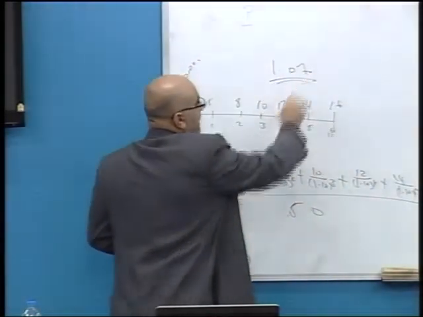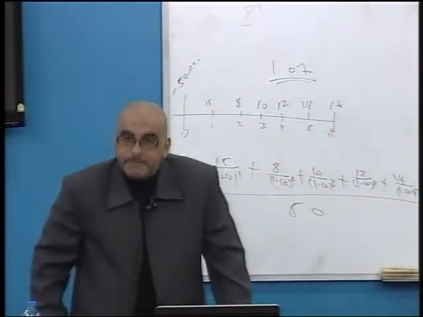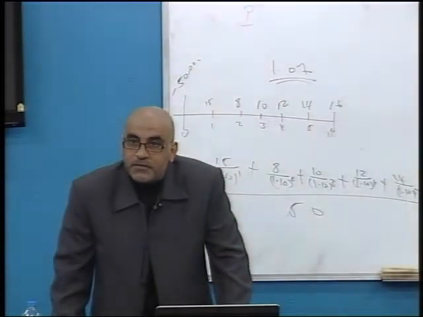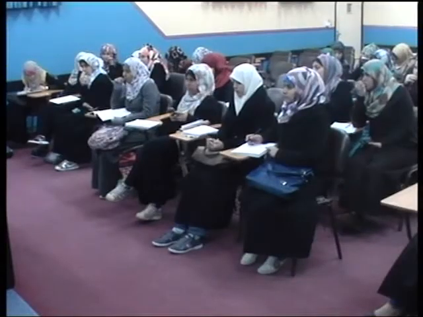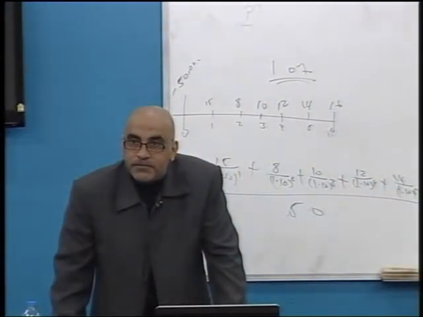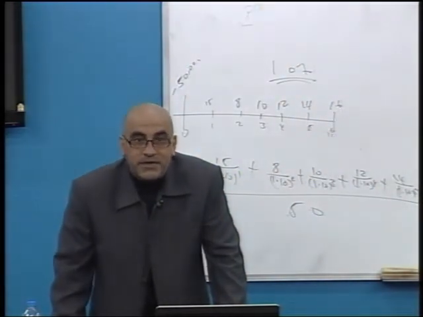1.07. So what does it mean, Fatima? That means greater than 1. Yes. So we accept the project. From the financial or investment perspective, what does it mean? Each $1 generates 1.07, a 7% return.